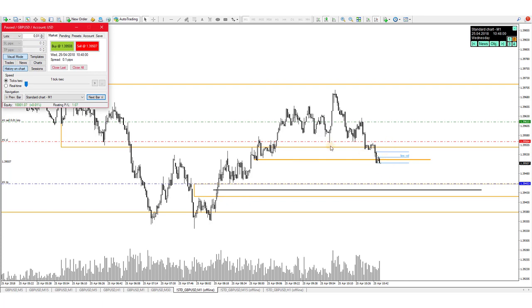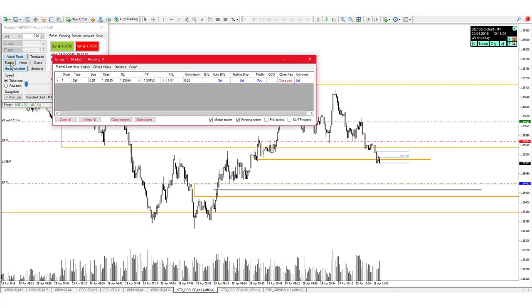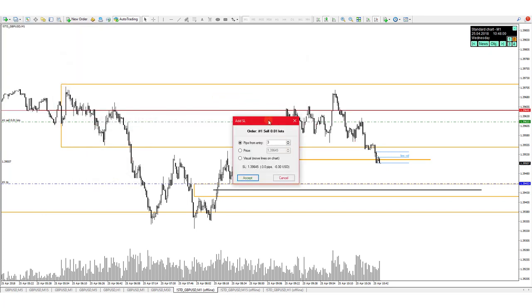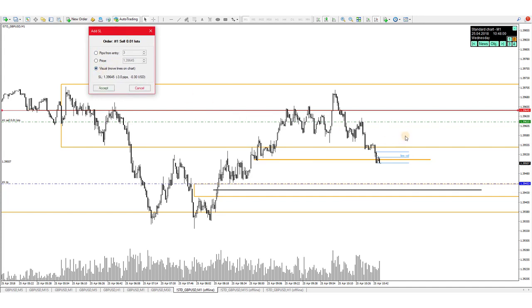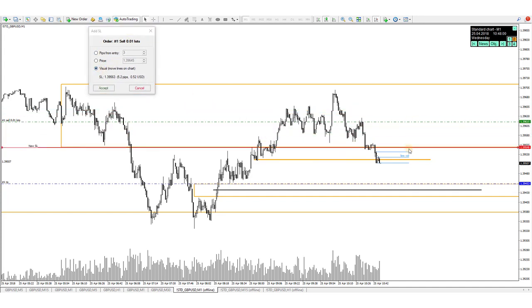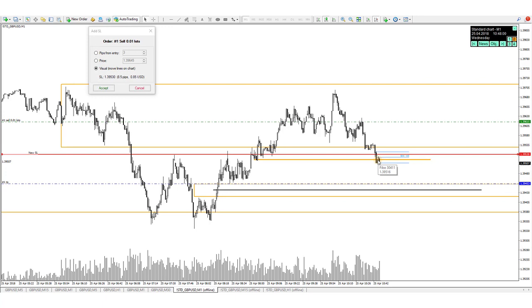So I am moving once again my stop loss to secure more profits. As above this decision, they made here decision. They decided here to move the price lower. So I want to be secured.